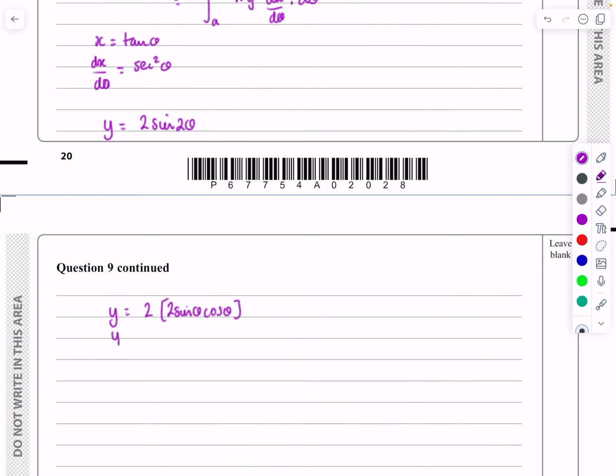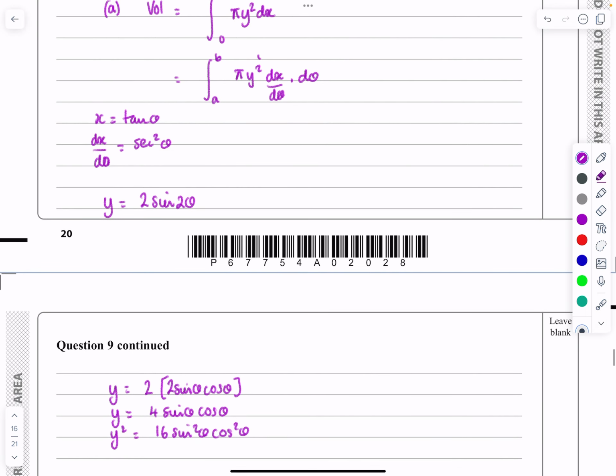So y is actually 4 sine theta cos theta, which means then that y squared, which is the whole point, is that squared, which is 16 sine squared theta cos squared theta. So I've got my y squared, I've got my dx by d theta.